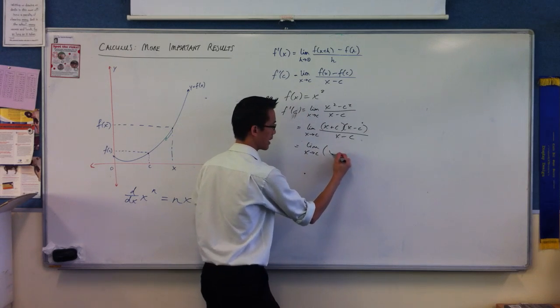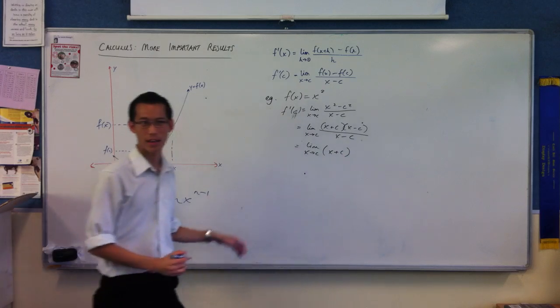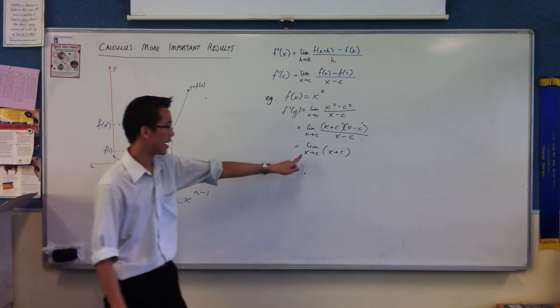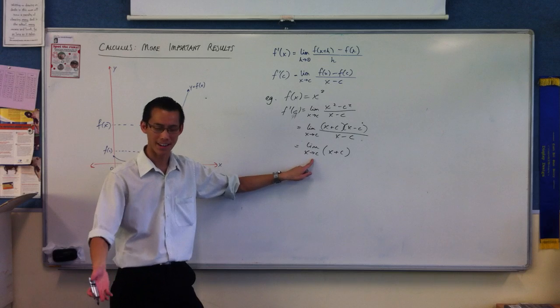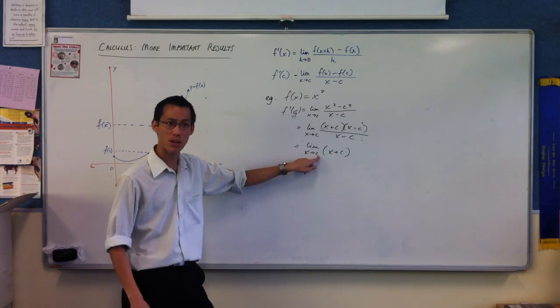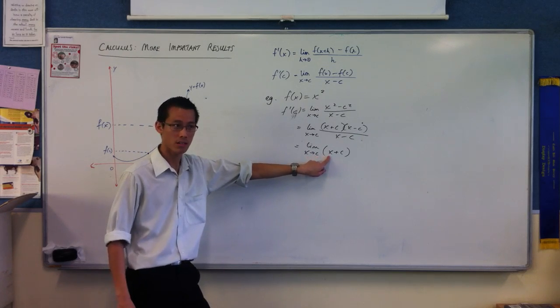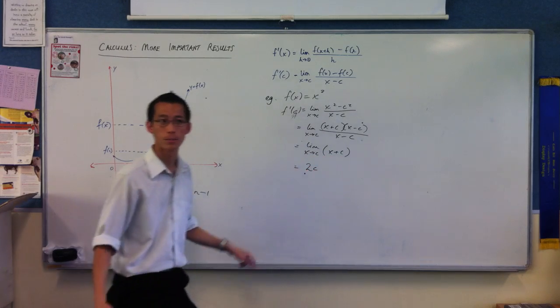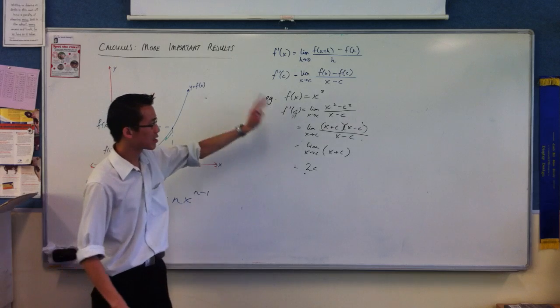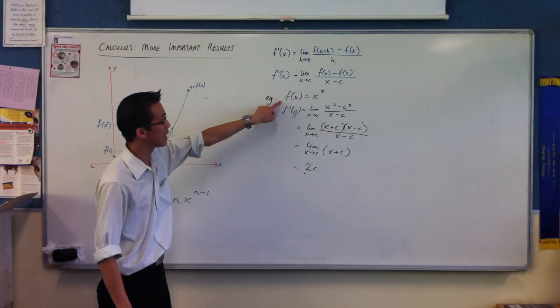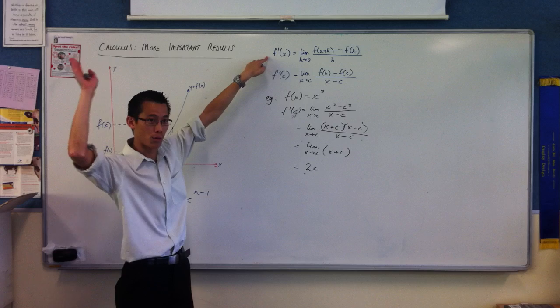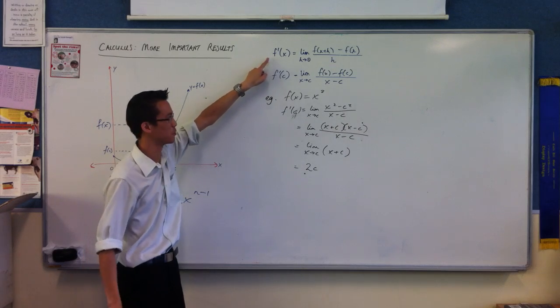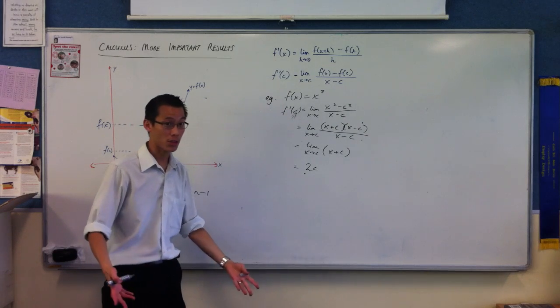Now, again, you need to think about this. Now that I've got rid of my denominator problem, as x approaches c, what happens? This will approach c, so I'll have two c's, which is what you're expecting, right? Now that's fairly trivial. In fact, if you look at this example, using the original first principles, the algebra is no more difficult.